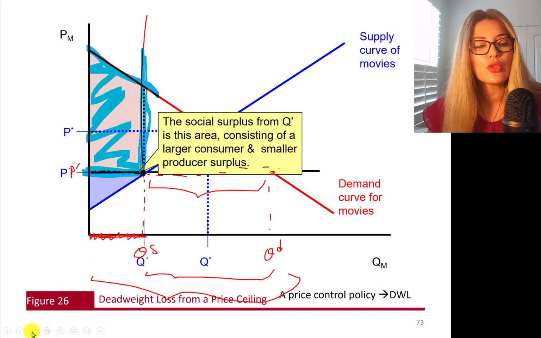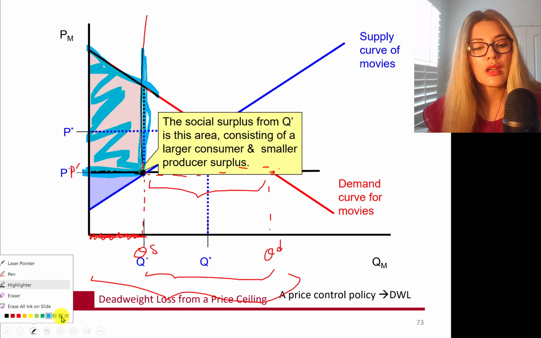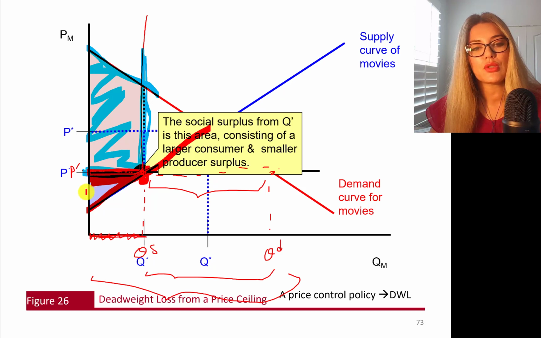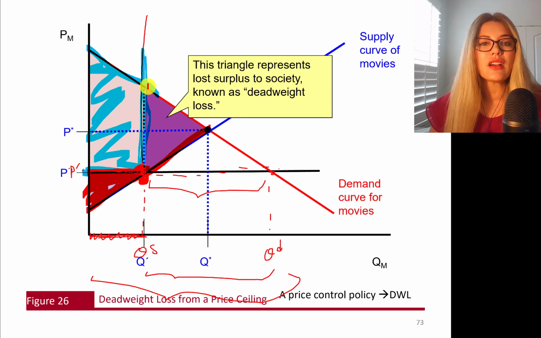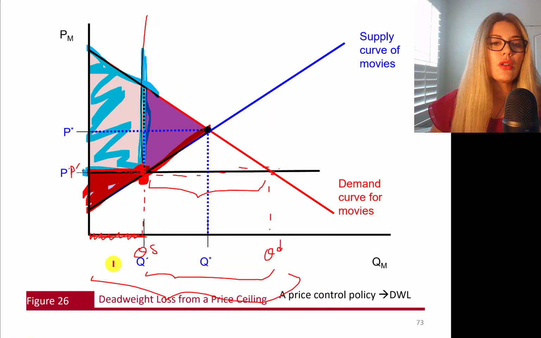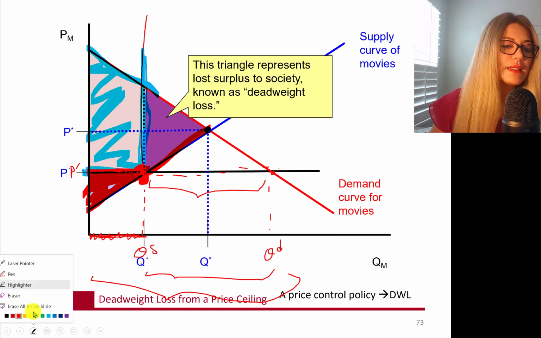Let's find the producer surplus. Producer surplus will be, again, the area above the supply curve, below the price level, limited by the quantity exchanged. So my producer surplus will shrink. Now I have a new area created. This is what we call loss to the society.